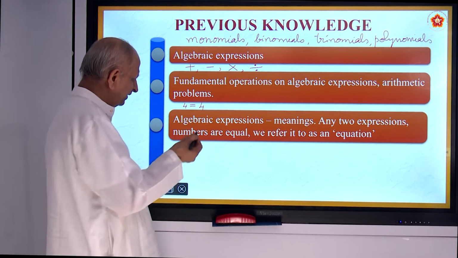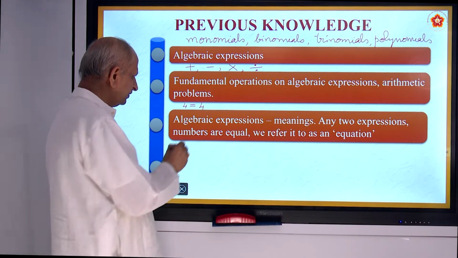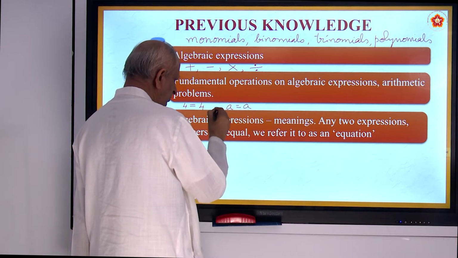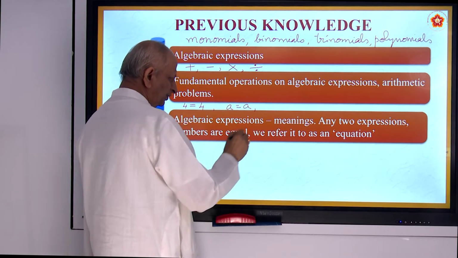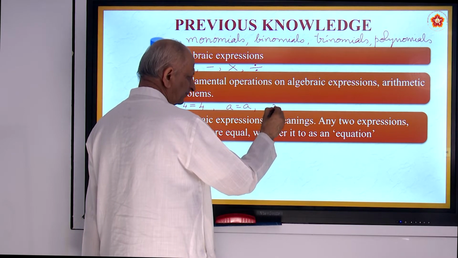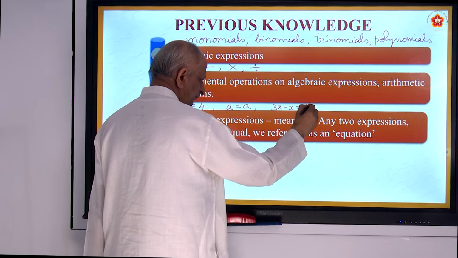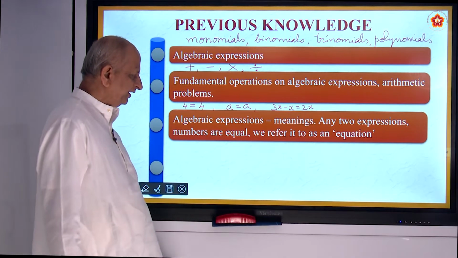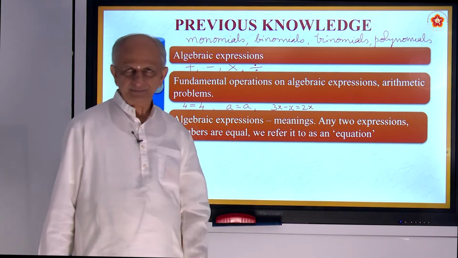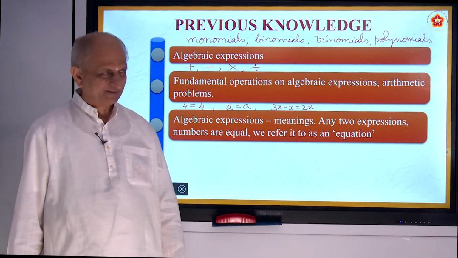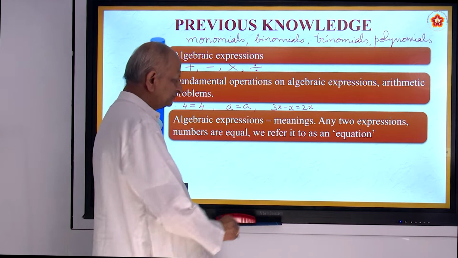So, it may be numbers also, or it may be terms also. Is it not? These are all called equations. So, whenever there is an equal sign in between, we have equations, is it not?